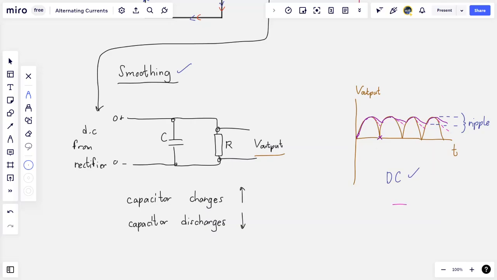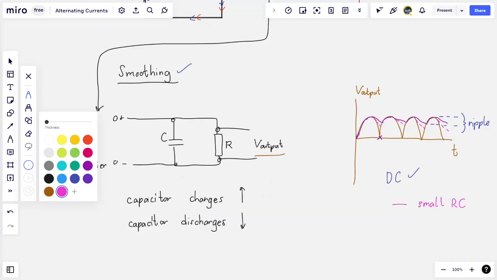The pink line here is a much greater ripple, and the pink line corresponds to a small value of R times C. Now, if you remember the topic of capacitance, R times C is called the time constant. So a small time constant will result in a larger ripple.